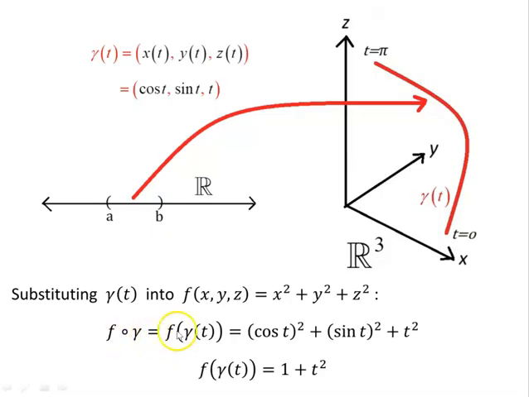The x component of gamma, cos t, goes in here, the y component, sin t, goes in here, and the z component, t, goes in here. So z squared becomes just t squared, x squared is cos squared t, y squared is sin squared t. We can leave it in that form or simplify it down. f of gamma of t then becomes the scalar function 1 plus t squared.